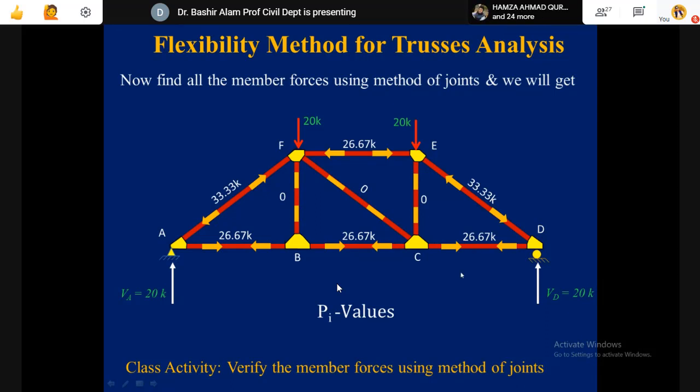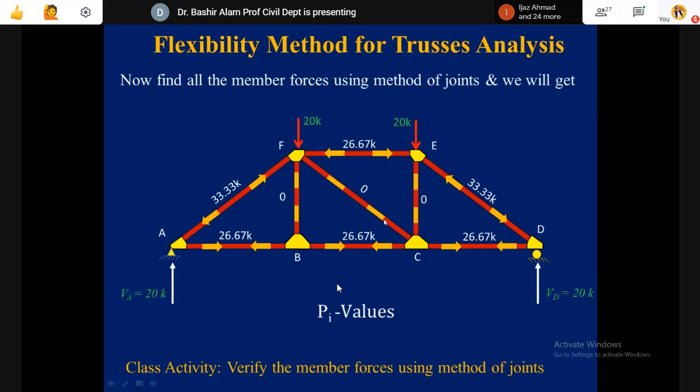This is done. Now you tell me, when we already have the DC and CB members in equilibrium, 26.67, 26.67, what can be this diagonal member CF force? Obviously, it is going to be 0.